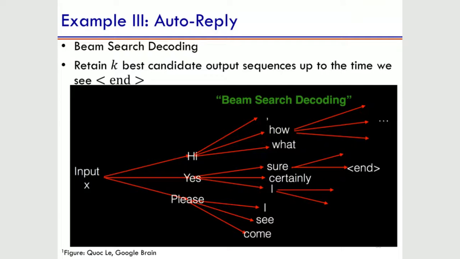Each one has a probability associated with it, and the product of these probabilities, the joint probability, may be highest for some of them. So this is called beam search decoding, where you maintain a restricted list of longer sentences rather than just going with the highest probability word at each step.